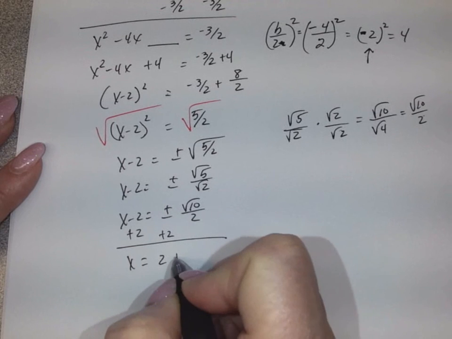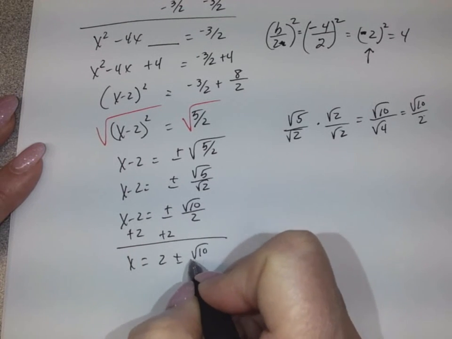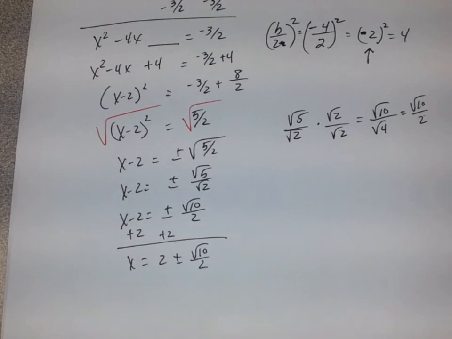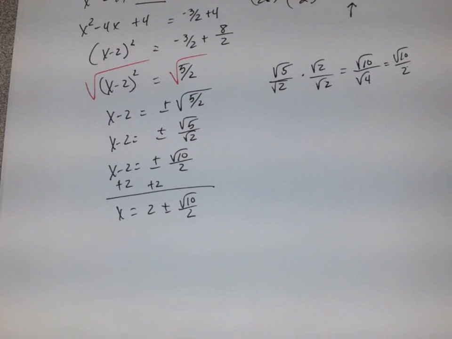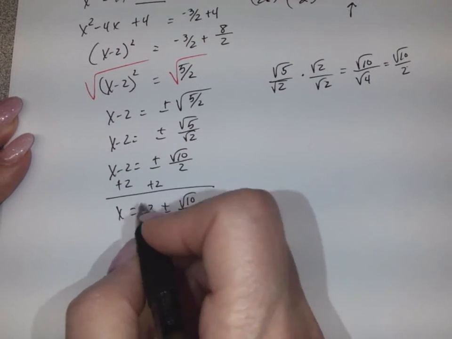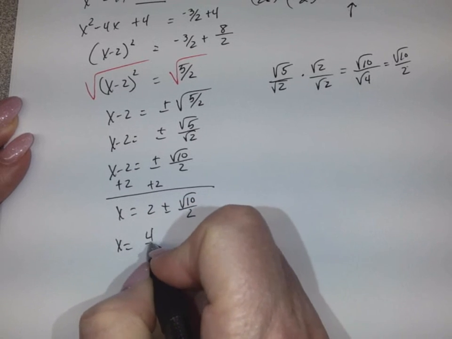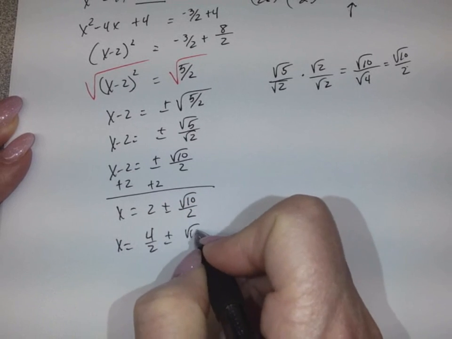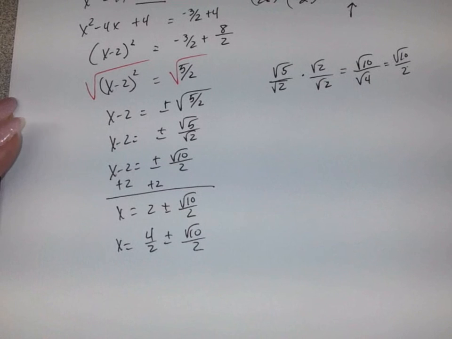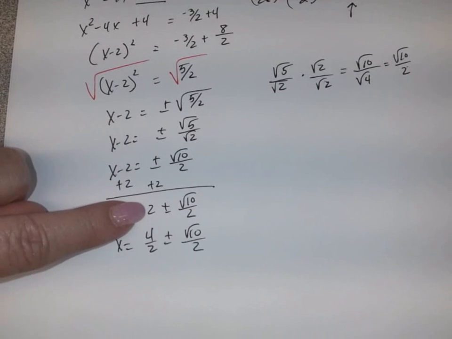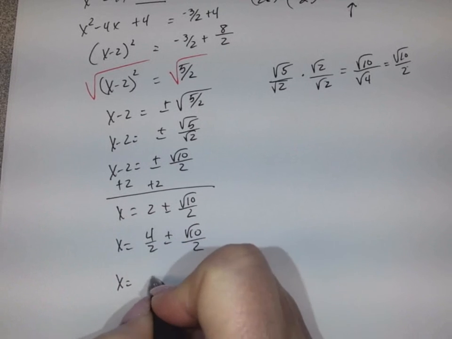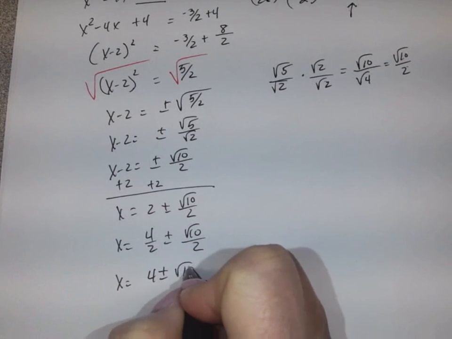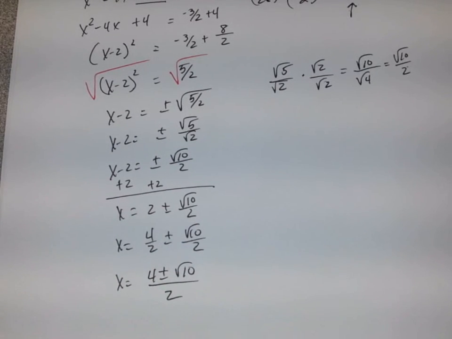Now, we want to put this over a common denominator, and 2 would be 4 over 2 plus or minus the square root of 10 over 2. So we're just transforming 2 over 1 to 4 over 2 to have that common denominator. So x would be equal to 4 plus or minus the square root of 10 over 2. And that would be our final answer. And that is how you complete the square.